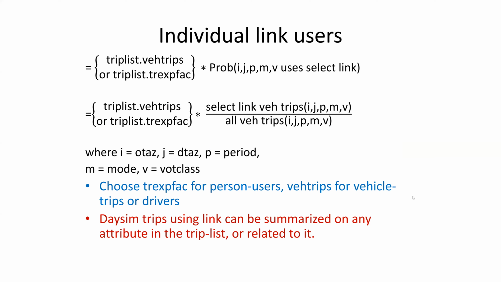And we can choose to do this analysis for either person users, all the people who are aboard the car or implicitly aboard the car, or just the vehicle trips. And once you've got it this way, you can summarize these trips on any attribute in the trip list or of the associated person or household. Next.